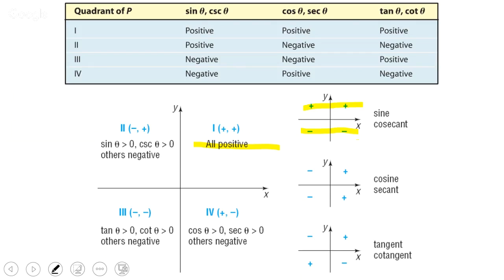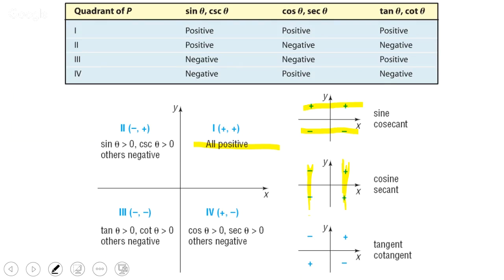For cosine, everything to the right of the y-axis is positive, and everything to the left of the y-axis is going to be negative, because cosine follows the x value, and x is positive to the right and negative to the left of the y-axis.